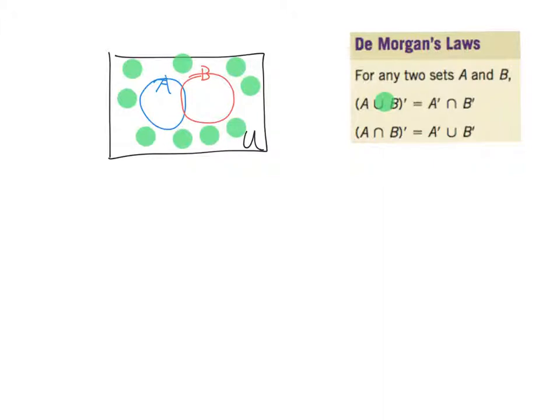And then on the right-hand side of the equation, we want to find A complement intersect B complement. Now, A complement is everything that's not A. I had calculus in my mind.